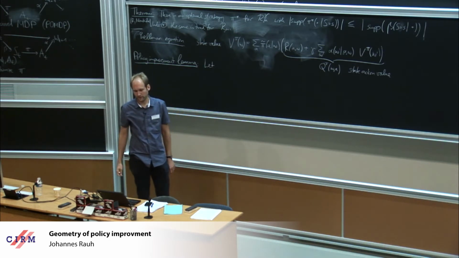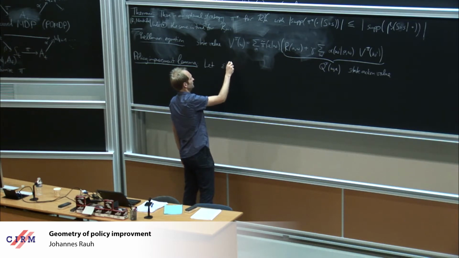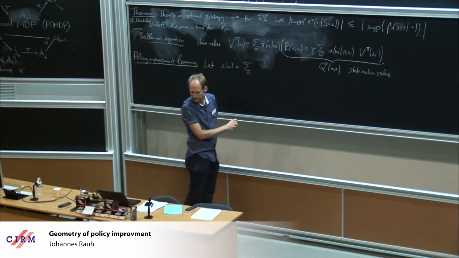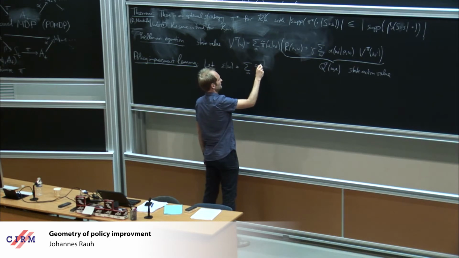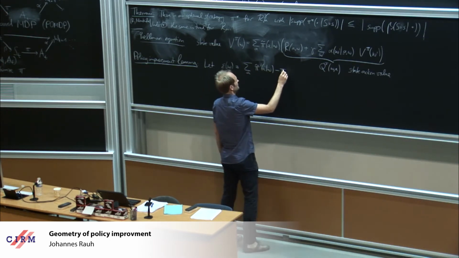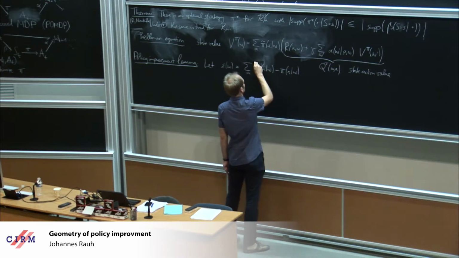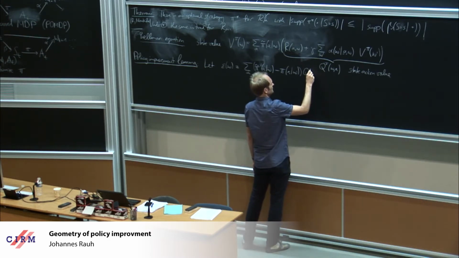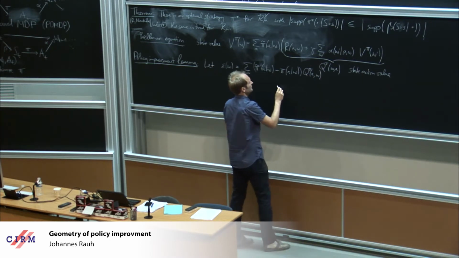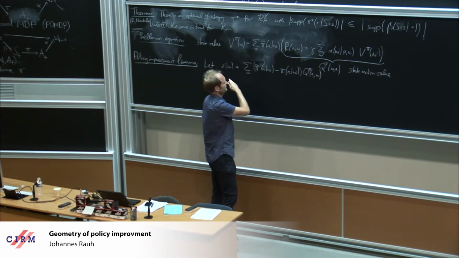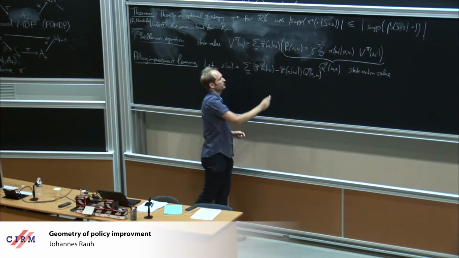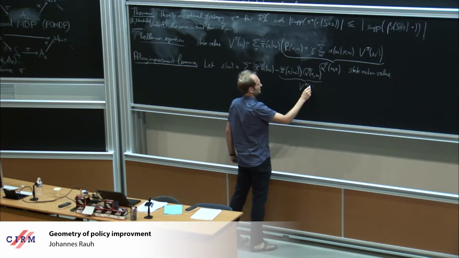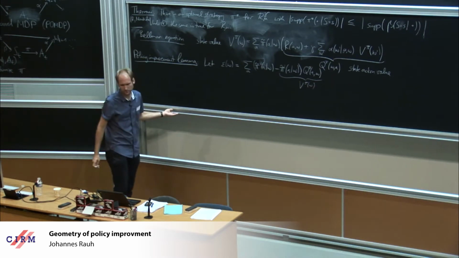Suppose I have two policies pi and pi prime, and then I define, that's a bit technical, this quantity. It compares the two policies pi and pi prime, and here you see the state value function popping up.